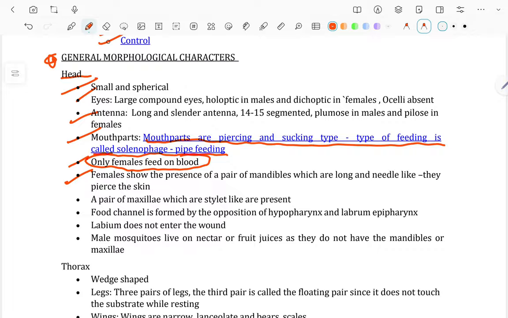Females have a pair of long, needle-like mandibles which pierce the skin, and a pair of stylet-like maxillae. The food channel is formed by the apposition of the hypopharynx and the labrum-epipharynx. The labium does not enter the wound. Male mosquitoes live on nectar or fruit juice as they do not have mandibles or maxillae.